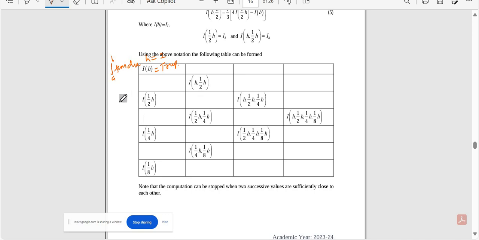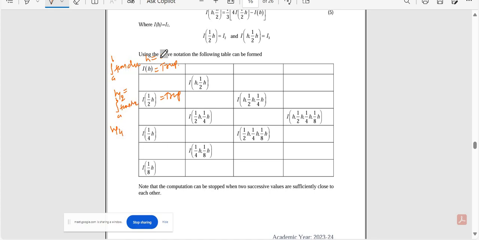Yes. Then in the same way, if you take h by 2, you again find the value of the integral from a to b of f of x dx with the help of the trapezoidal rule. Same way, take h by 4, then h by 8, and continue in this way.